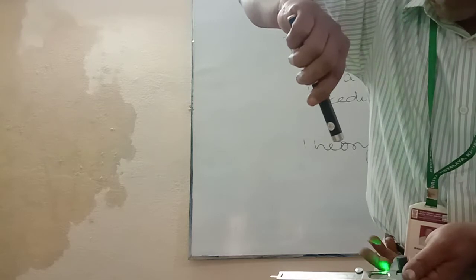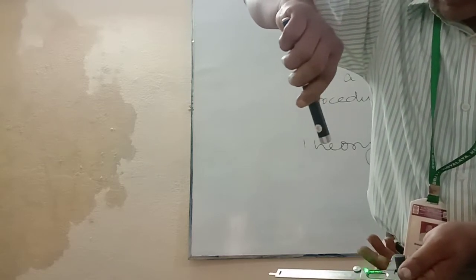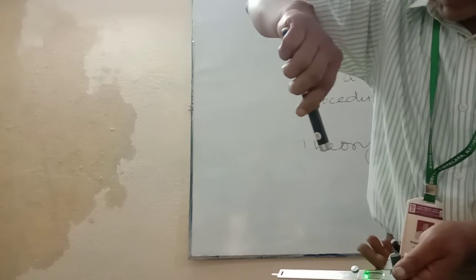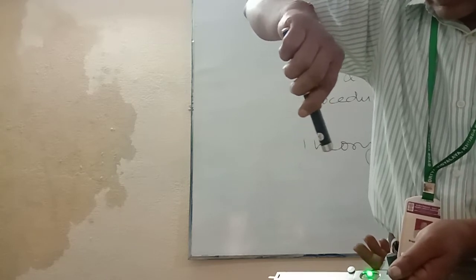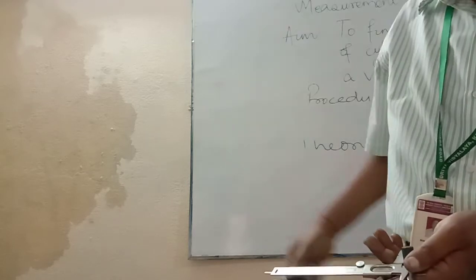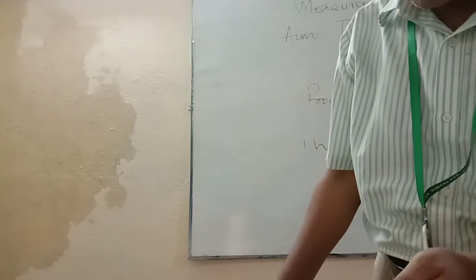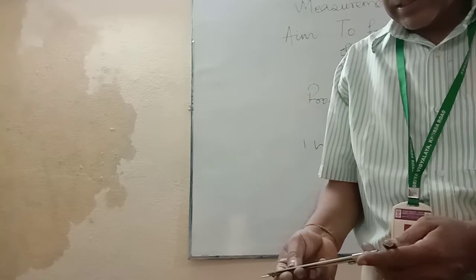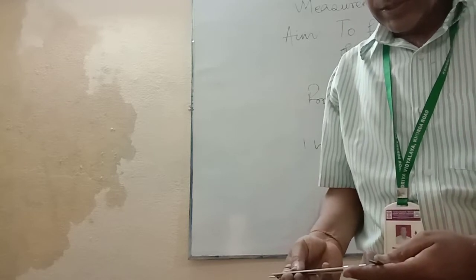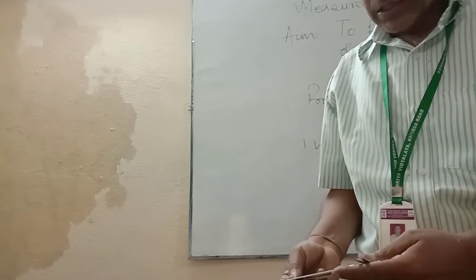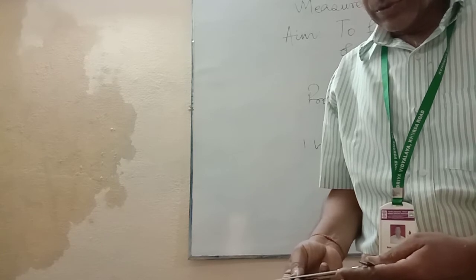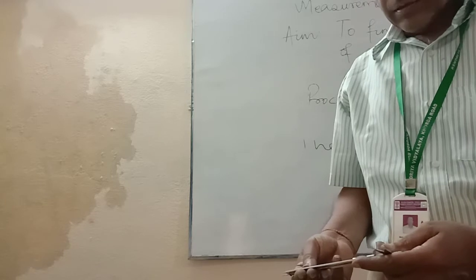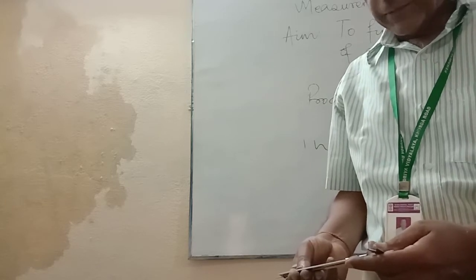The upper portion is your vernier scale, and the lower portion is the main scale. So you see what the coincidence is. This zero of the vernier scale is after 1.2.